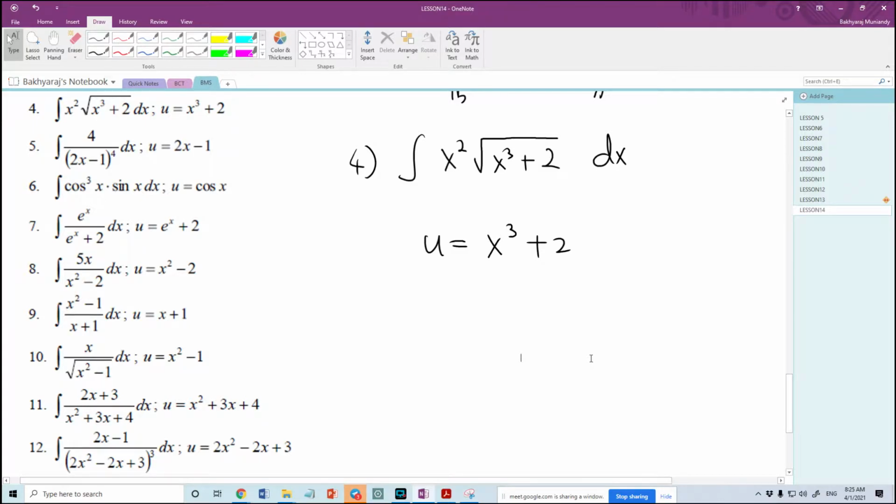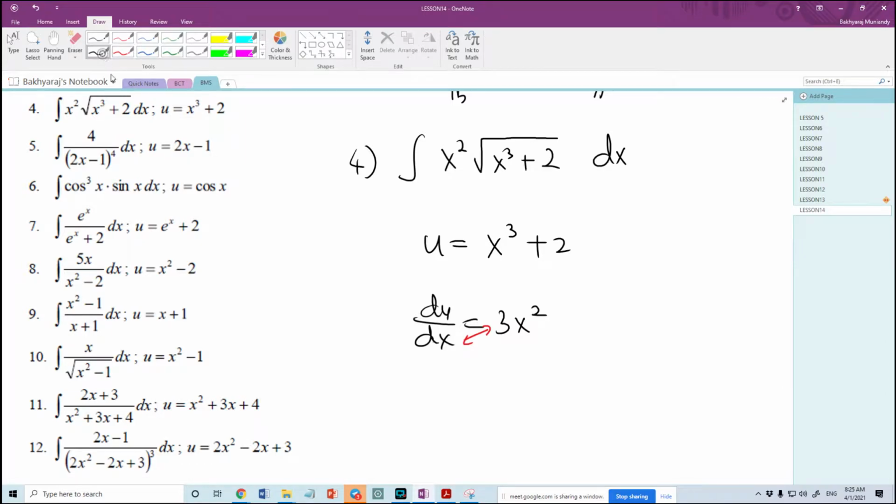Okay, so what is your du dx? So your du dx becomes equal to 3x power of 2. This is what I will get. When you differentiate, you get 3x power of 2. Then we want in terms of dx, so we just replace.